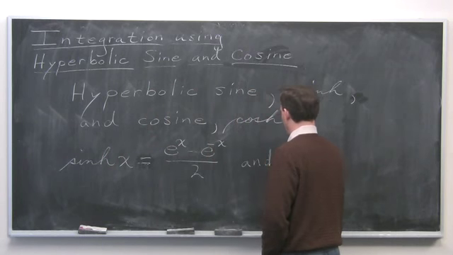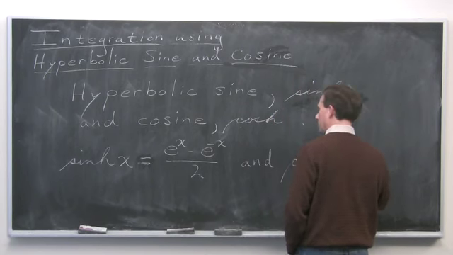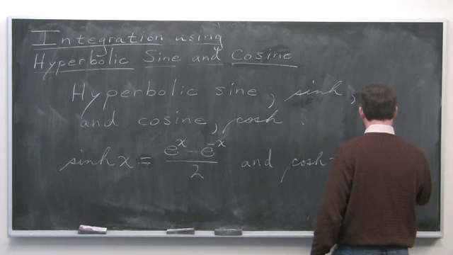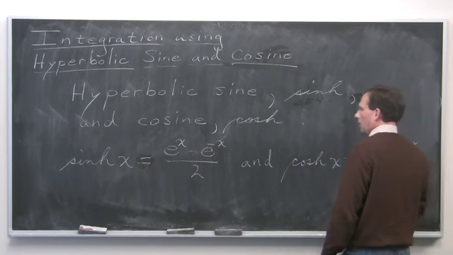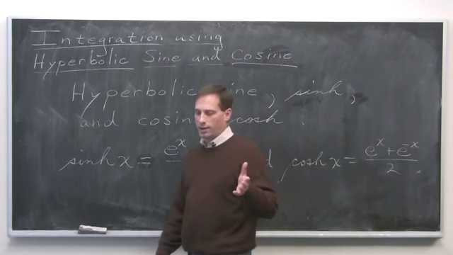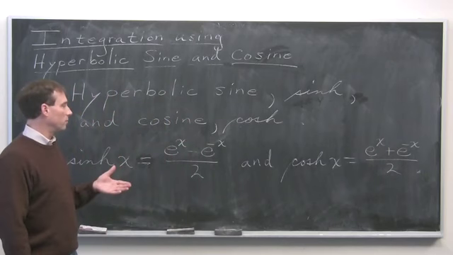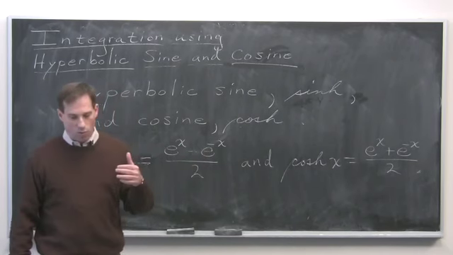And hyperbolic cosine, cosh of x, you change that to a plus: e to the x plus e to the minus x, over 2. It's hard to see that these in any way, shape, or form resemble ordinary sine and ordinary cosine.